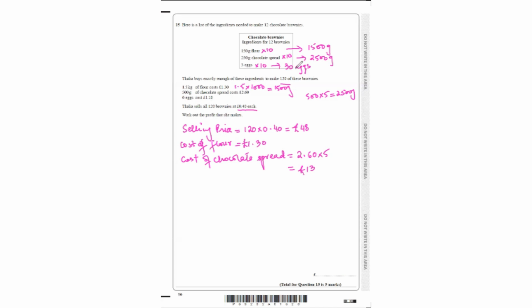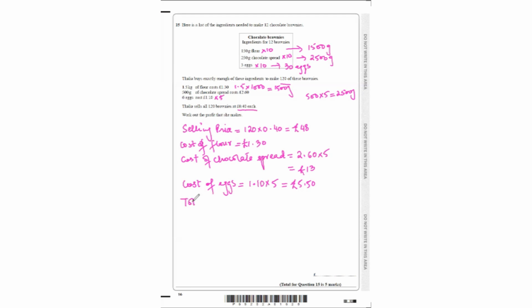So to find the cost of 30 eggs, we will times this by 5 as well. So cost of eggs would be 1.10 times 5, which is 5.50 pounds. So now we have the cost for flour, eggs, and chocolate spread that we need for 120 brownies.